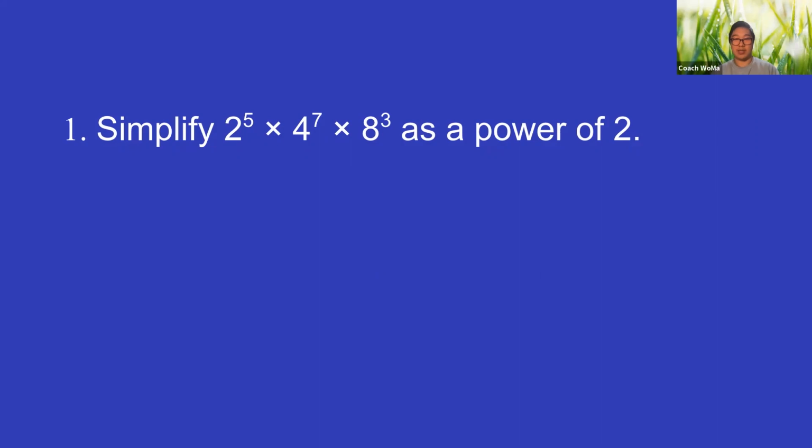So what is that? 2 to the 5th times 4 to the 7th times 8 to the 3rd equals 2 to the power of what? Let's take about a minute or two for this question. And when you're doing things, think about some of the rules that we used today.